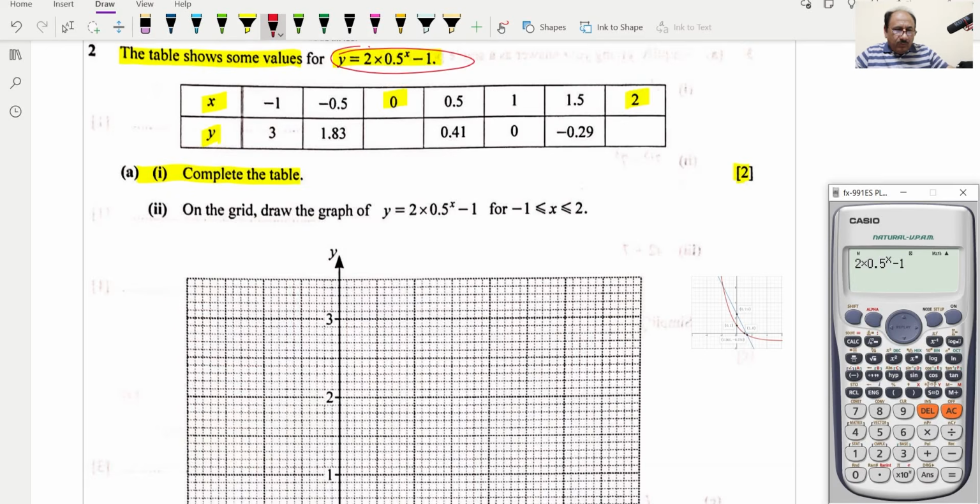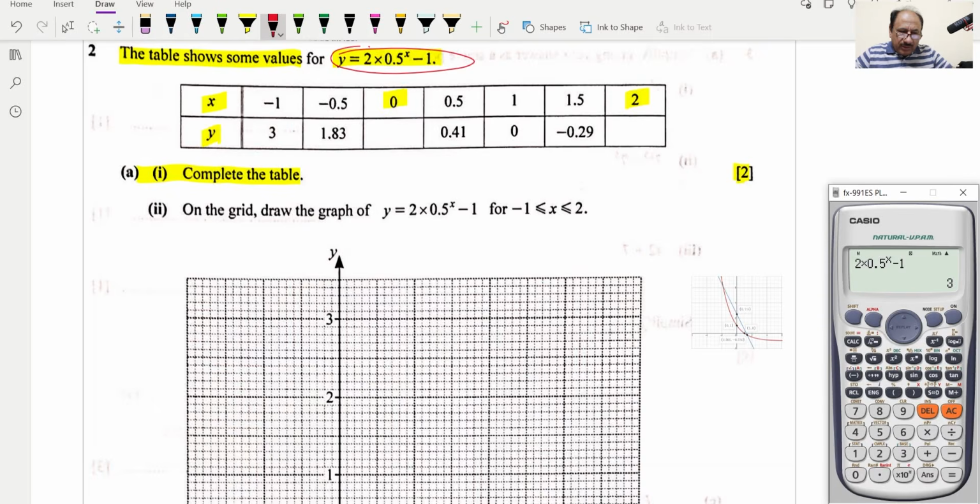Before calculating for 0, I will calculate for minus 1 to double check that we get the answer 3. So I press calculate. No, sorry, we have to calculate for minus 1. So calculate for minus 1, the answer should be 3, and this is 3.